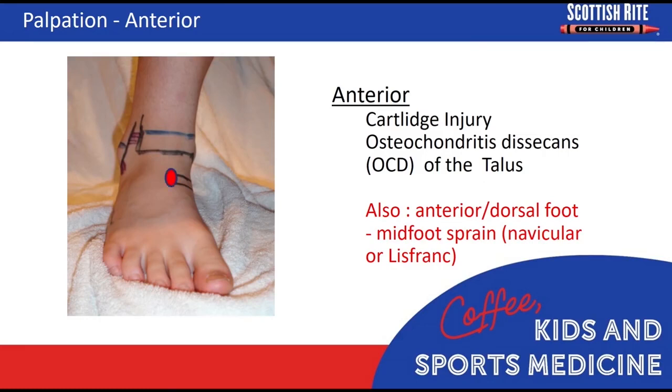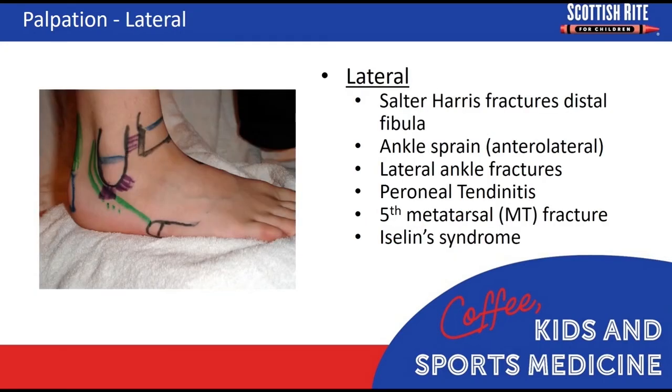Here at the anterior dorsal portion of the navicular, you can get a navicular strain. Here, a capsular strain. Also, if you palpate a little bit lower, you can find a Lisfranc injury. Lisfranc injuries are beyond the scope of this talk, but always be thinking about foot injuries when you're looking at the ankle as well. And then I try to go medial or lateral.